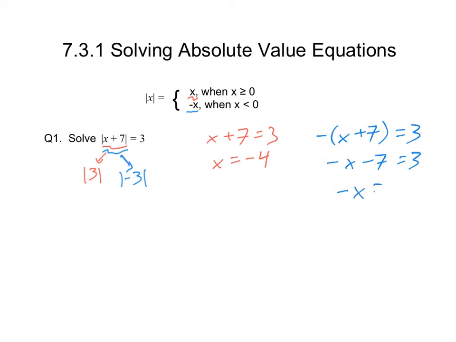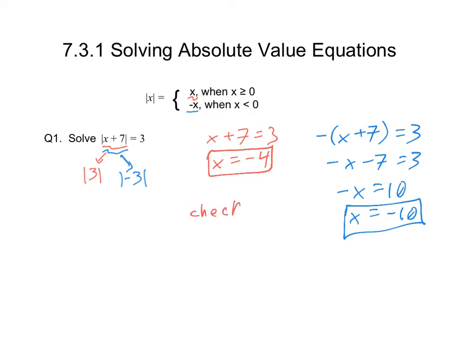So we get negative x is equal to 10, x is equal to negative 10. So these seem to be our two solutions, but before we can accept them as the two solutions to this problem, we have to check them both in the original equation to ensure that they're still valid.